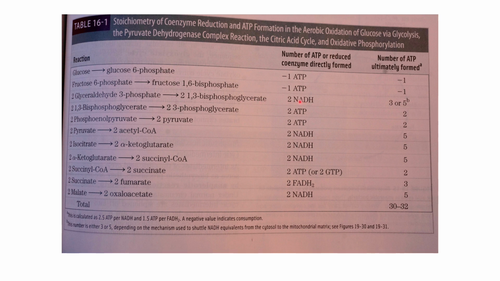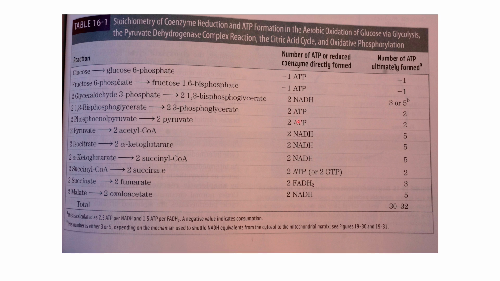to 2 1,3-bisphosphoglycerate produces 2 NADHs, and you can either get 3 or 5 formed depending on which mechanism you're using to shuttle the NADH. Then you generate ATP from 1,3-bisphosphoglycerate to 3-phosphoglycerate.